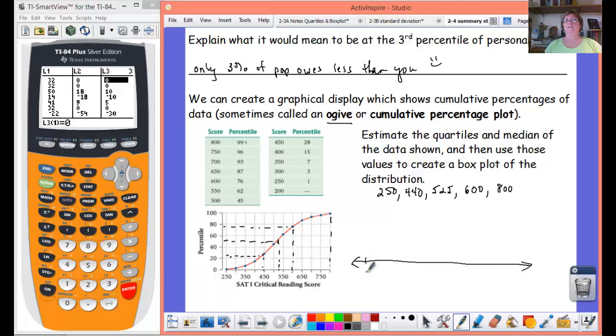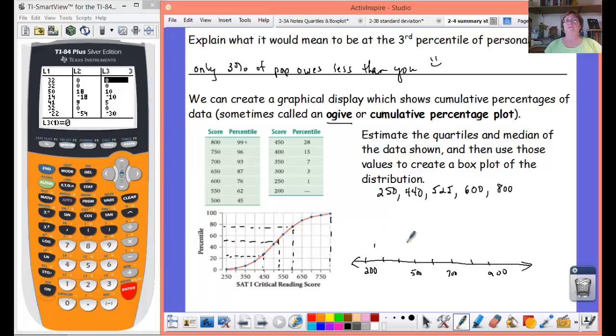Let's see. If we go from 200 perhaps to 900. 3, 4, 5, 6, 7, 8, 9. All right, whisker at 250.